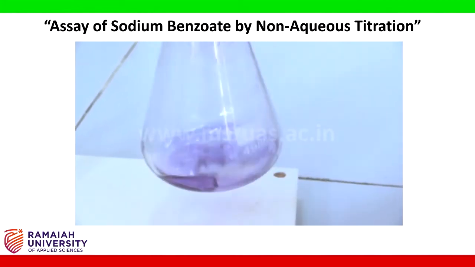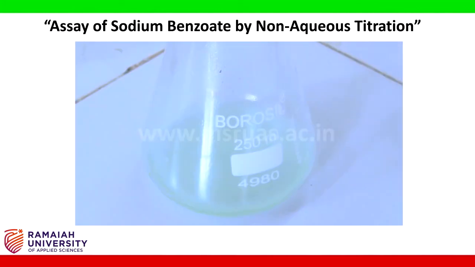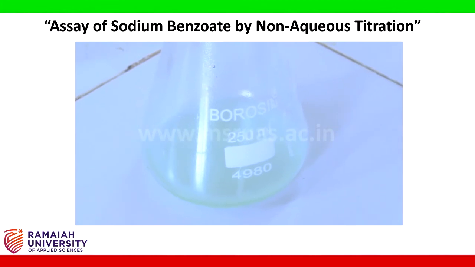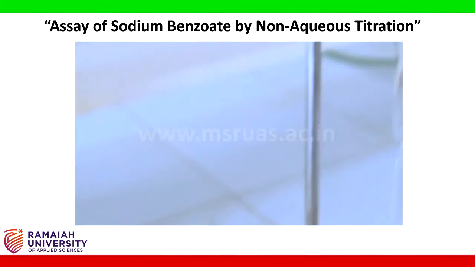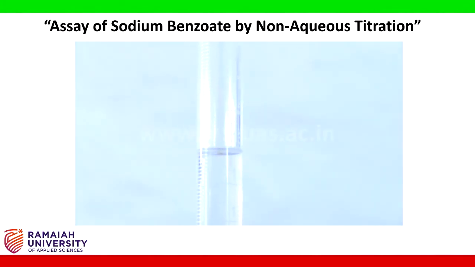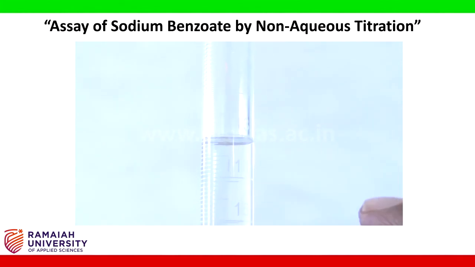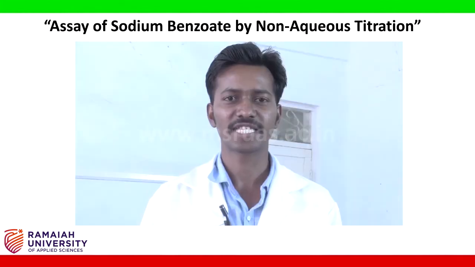Endpoint is the appearance of emerald green color. Note down the endpoint. Repeat the experiment till you get the concordant value. This completes the experiment on assay of sodium benzoate.